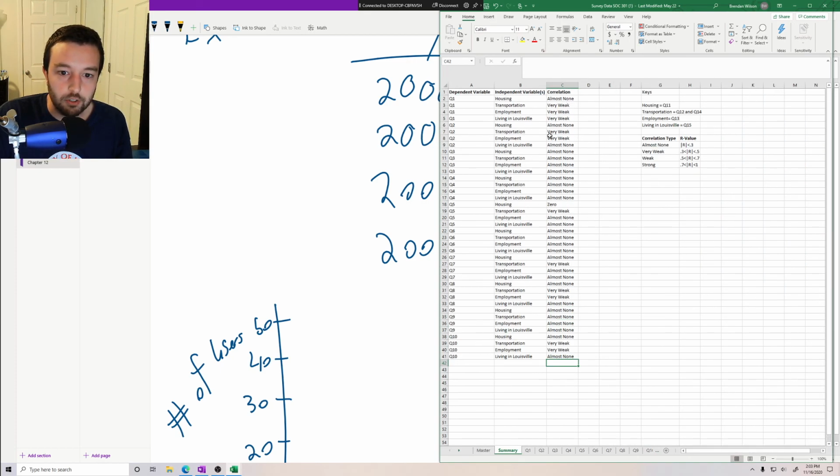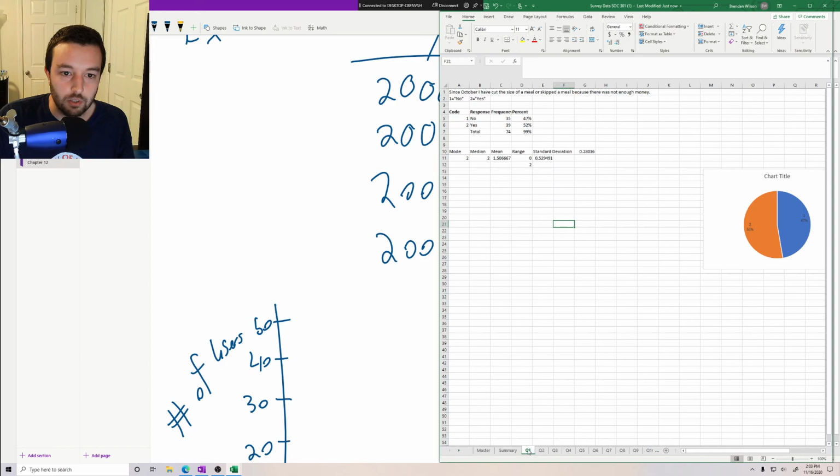Yeah, I went through and I ran that data analysis for all of these questions, and I looked at the correlation. And you can see I made a little chart here for the absolute value of R. I should have done R squared, but it's not really that important. You can see I found almost no correlation with all of them. All of them had a very low R squared value.